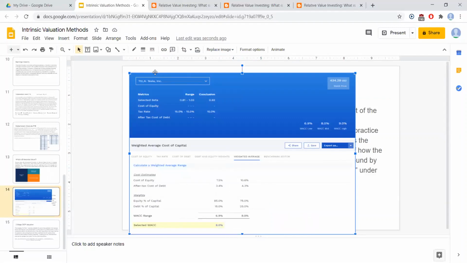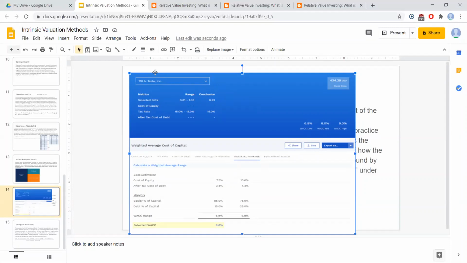This is a cropped and modified screenshot of Finbox.io's calculation of Tesla's weighted average cost of capital.